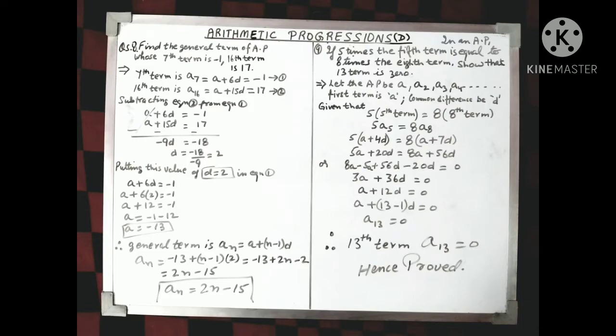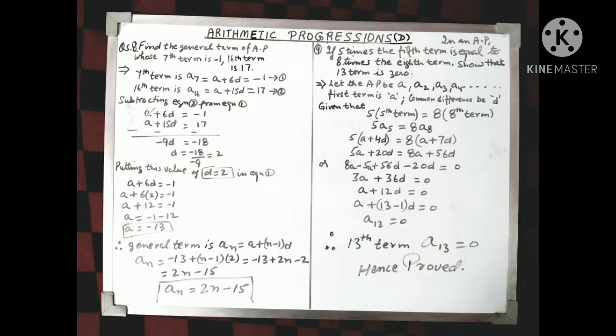So 5 times a plus 4d is equal to 8 times a plus 7d. We solve it. 5a plus 20d is equal to 8a plus 56d, and we get 8a minus 5a plus 56d minus 20d is equal to 0, right?